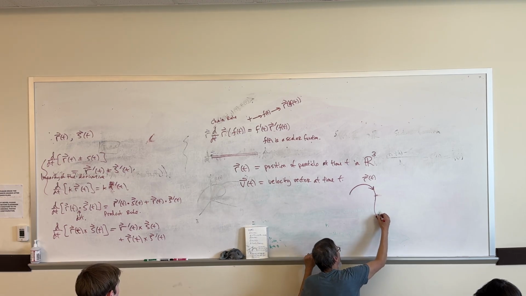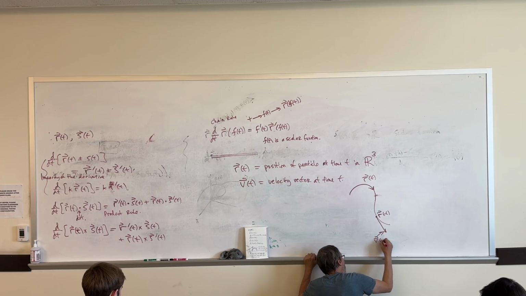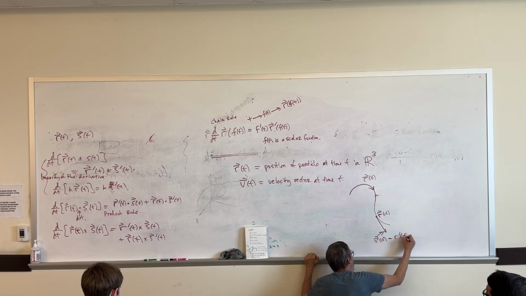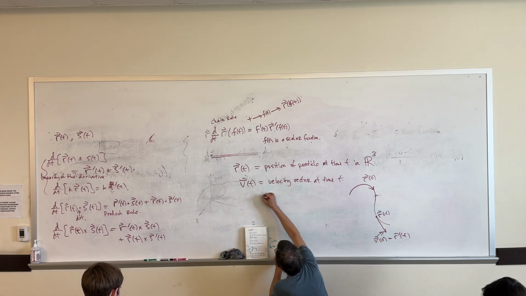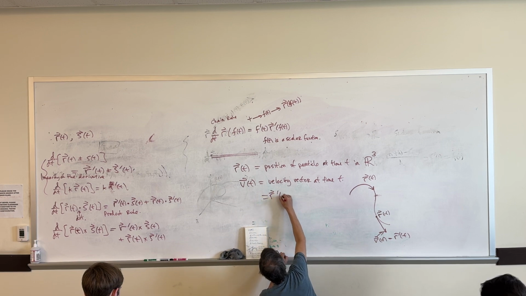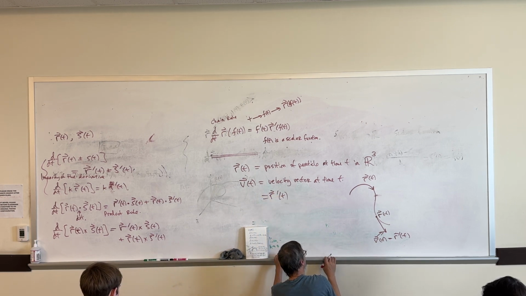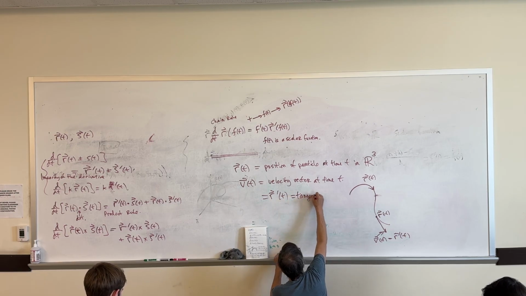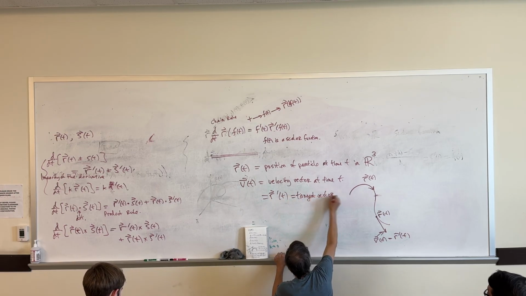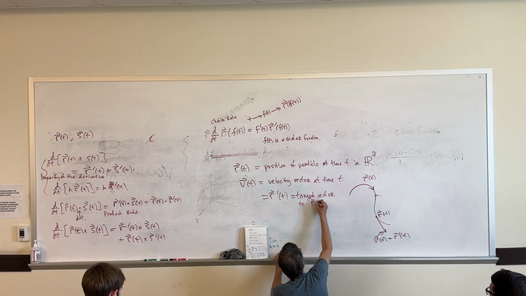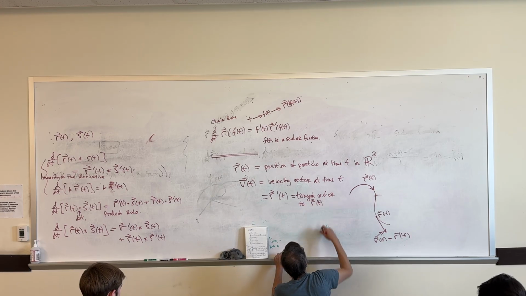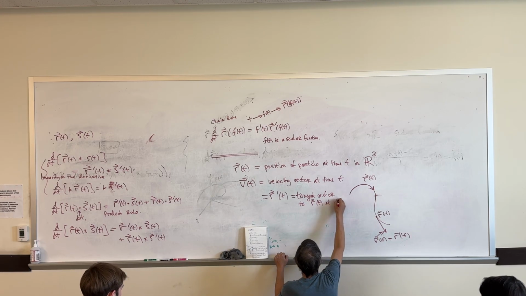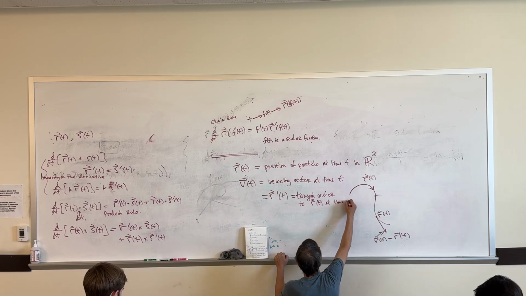So if this is r of t here, then this is v of t, which is r prime of t. So that's just the first derivative, your velocity. And it's equal to the tangent vector to r of t at time t.